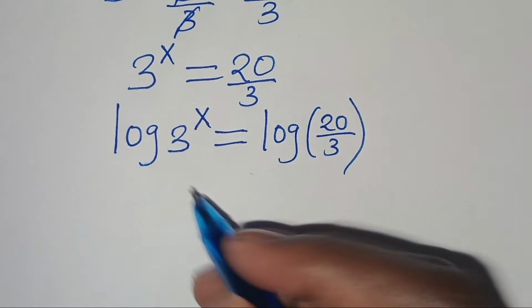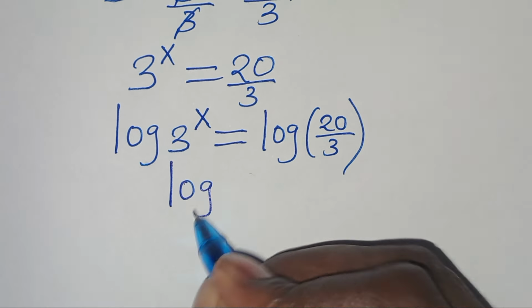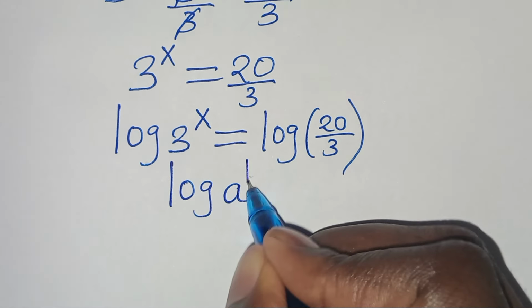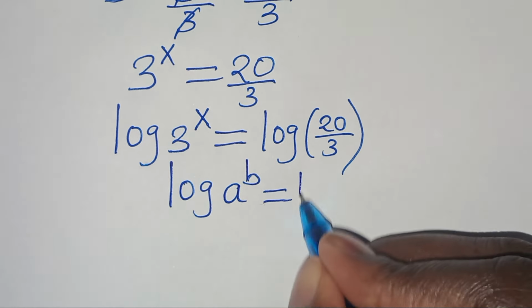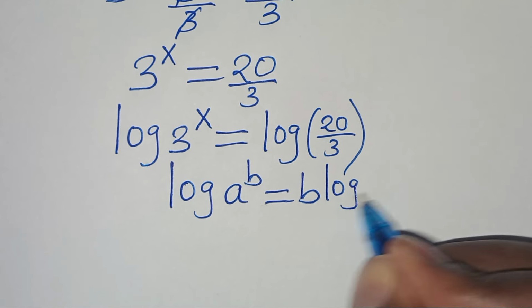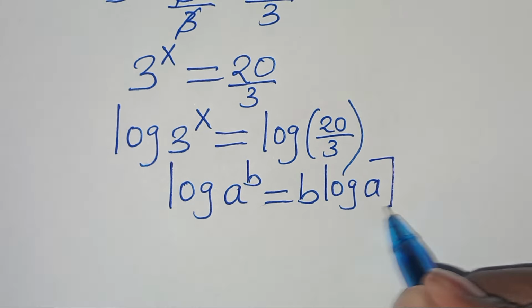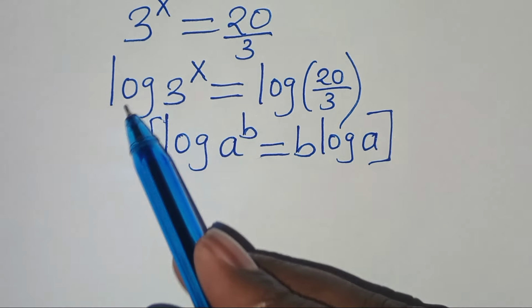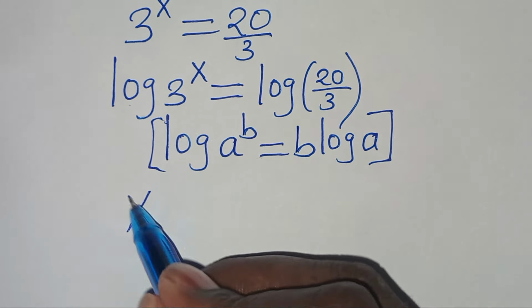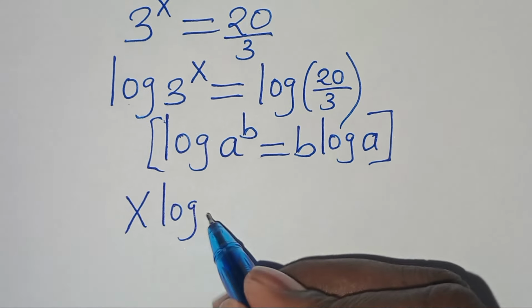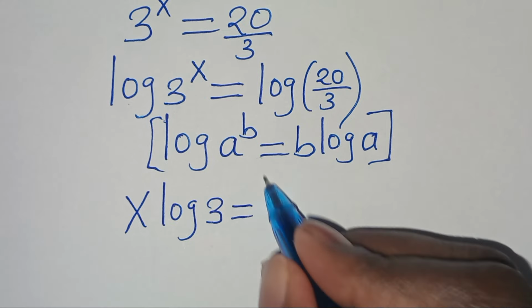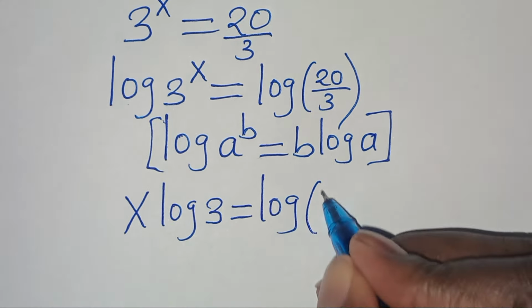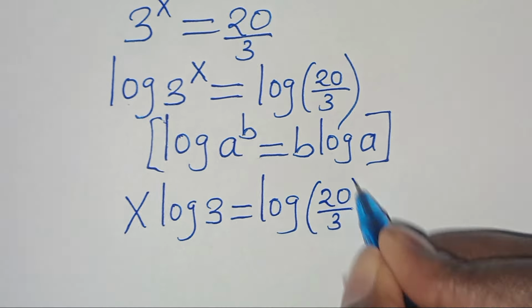Log 3^x is in the form of log a^b, which can be expressed as b log a. Applying this logarithm property, log 3^x becomes x log 3, which is equal to log 20 over 3.